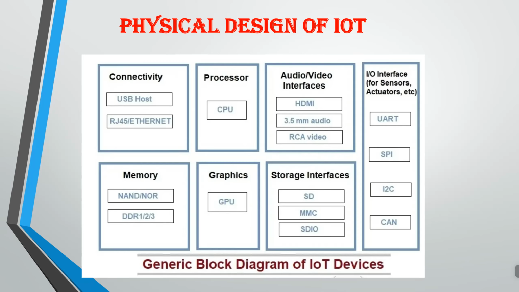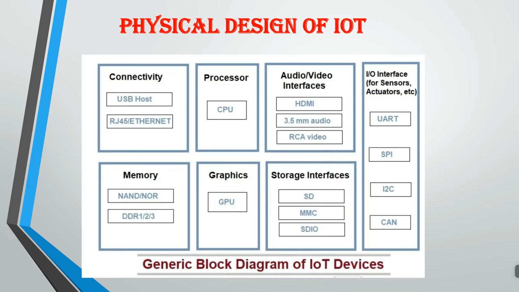Whenever there is a requirement for display, there is graphics connected to it, and any kind of connectivity. Basically, IoT devices need a connection. If an IoT device needs a connection, it could be done using a USB port, or using your normal internet cable, that is an RJ cable.